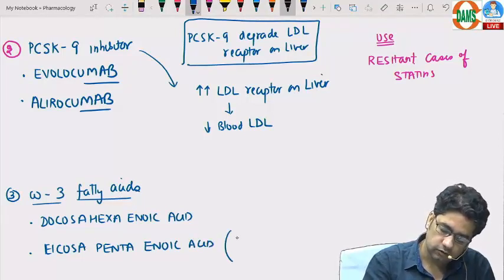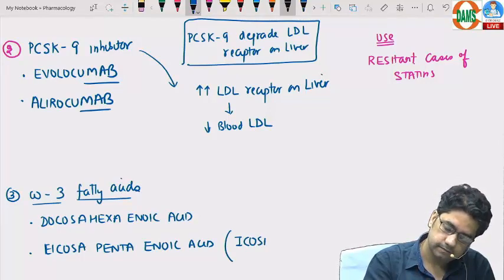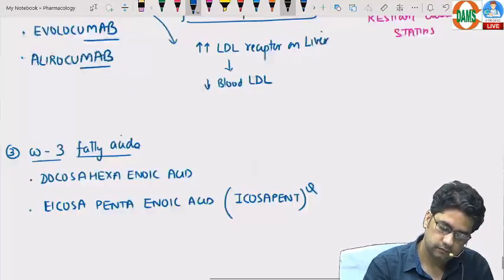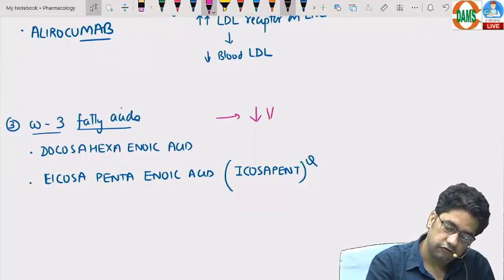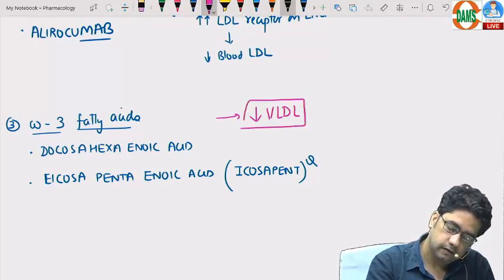This drug is also known as icosapent. This is important, commonly asked question. These drugs decrease VLDL production in liver.